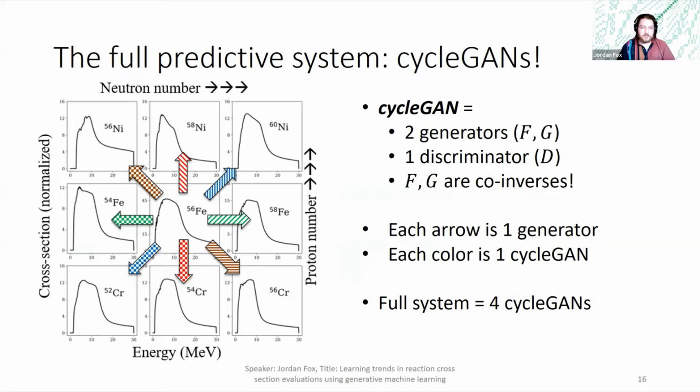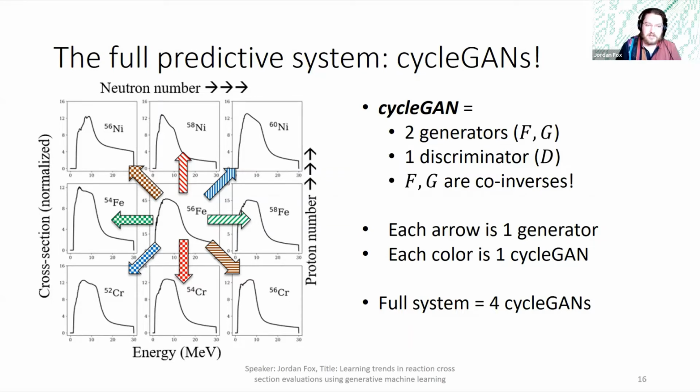Okay, so I've described the two components of the GAN. And now I want to describe the full predictive system that we're using. So I have to introduce a new word, cycleGAN. This is from that paper that I showed a moment ago. This was their work, and the cycleGAN is similar.